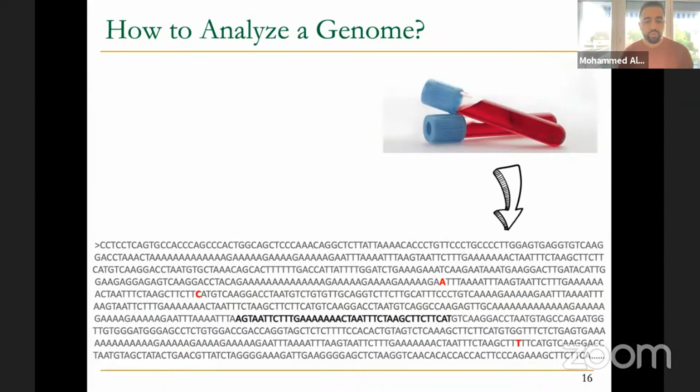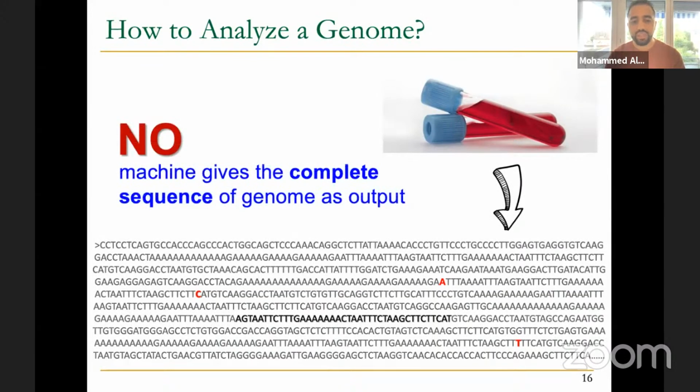Okay, so hopefully by that I have highlighted the importance of doing genome analysis, and now how to do the genome analysis. Assume you have a genetic material. The end goal is to get the complete sequence of the genome, or the DNA, which is basically ACGT letters, or alphabets. However, we don't have any machine that gives you this as an answer.